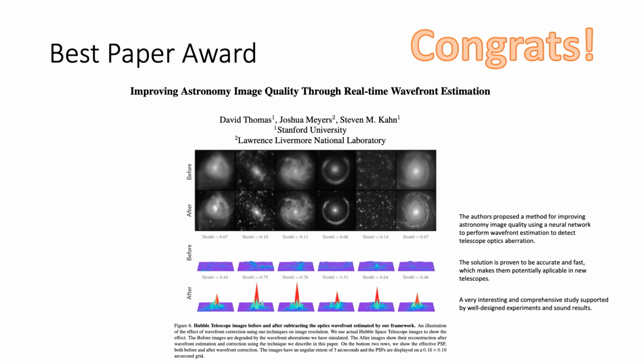So that describes what it's doing, but the reason for valuing this work is that the solution is proven to be accurate and fast, which makes it potentially applicable in new telescopes. A very interesting and comprehensive study supported by well-designed experiments and sound results. To me personally, it's a very creative application of convolutional neural networks in an application that's really unique and interesting. Thank you very much for your contribution.